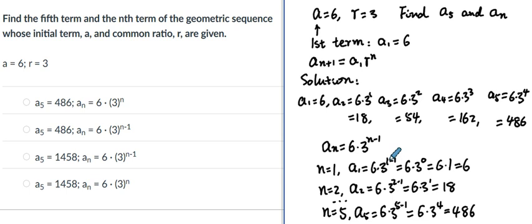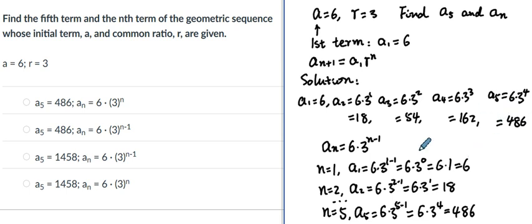You see, 1 minus 1. When n is 1, that's 3 to the 0, which is 1. 1 times 6, you have a1. Similar pattern, you can have a2. You can have a5, which is the one right here.